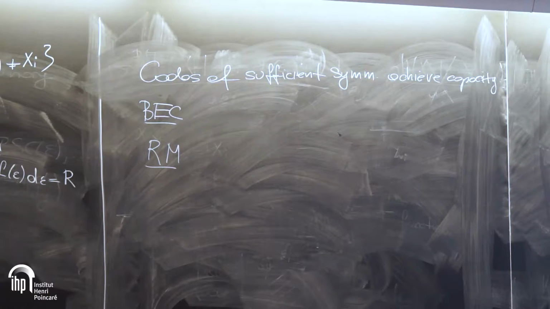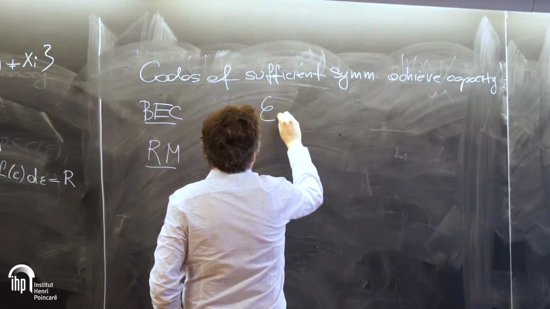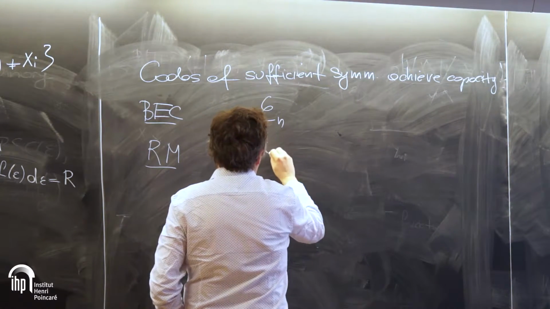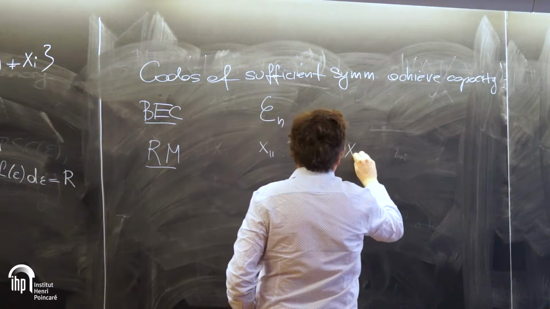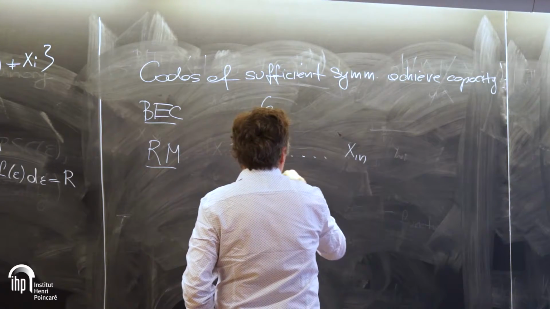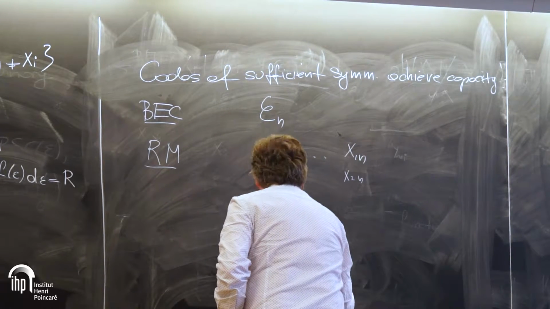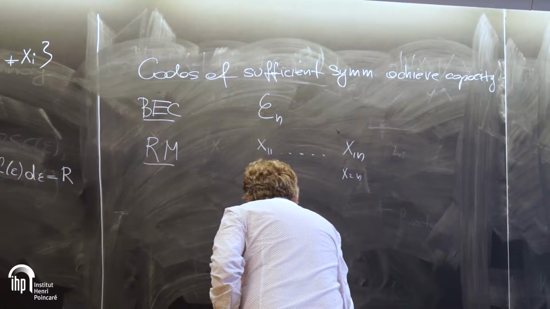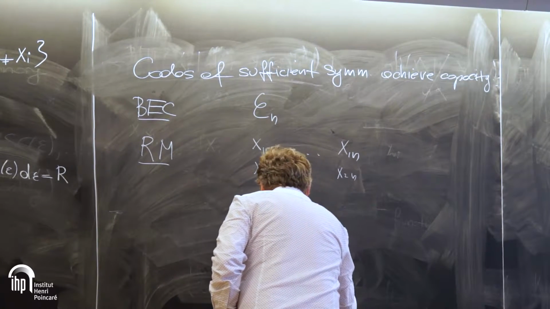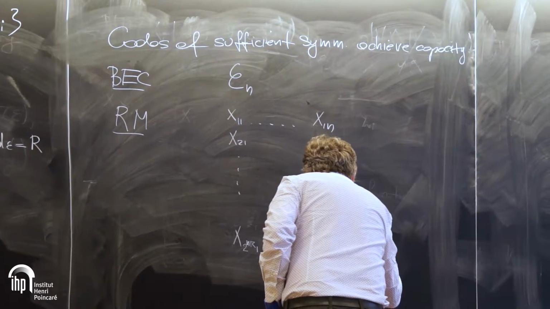And so let me first explain what I mean when I say that a code has sufficient symmetry. Something very simple. We have a code C_n, and you write down the code words: x_1 up to x_1n, then x_2 1 up to x_2n, and so on, up to 2 to the nr code words.